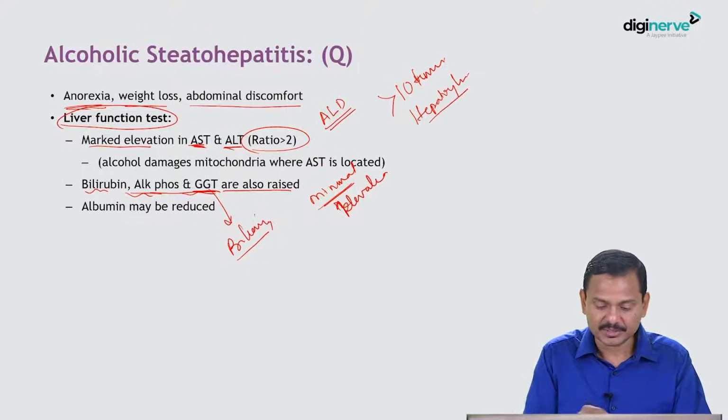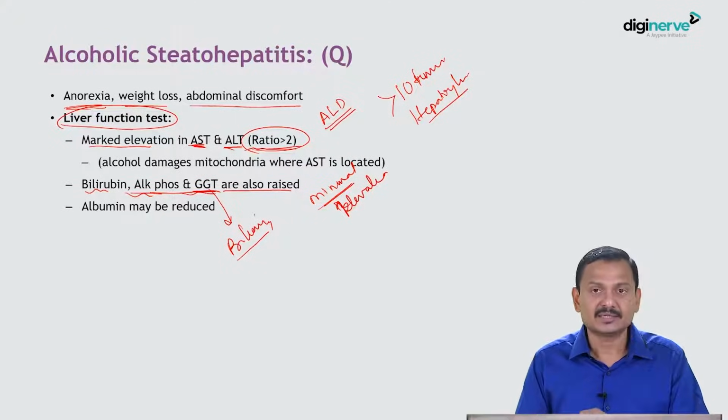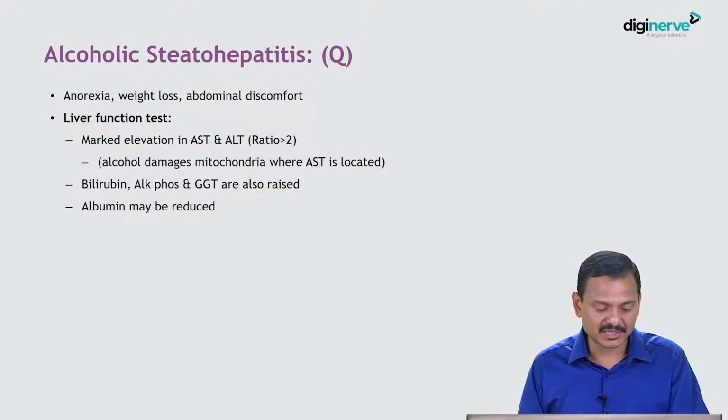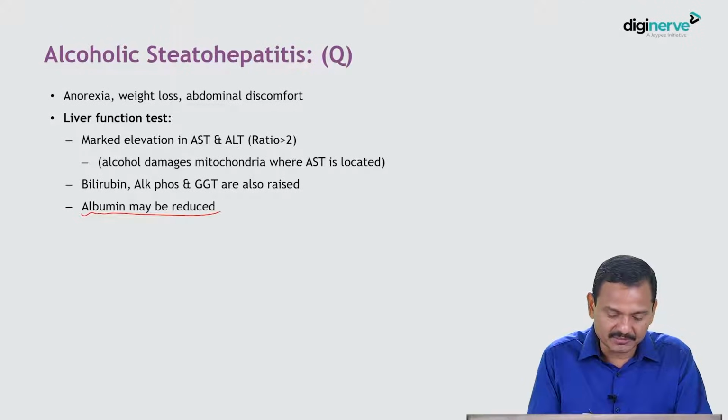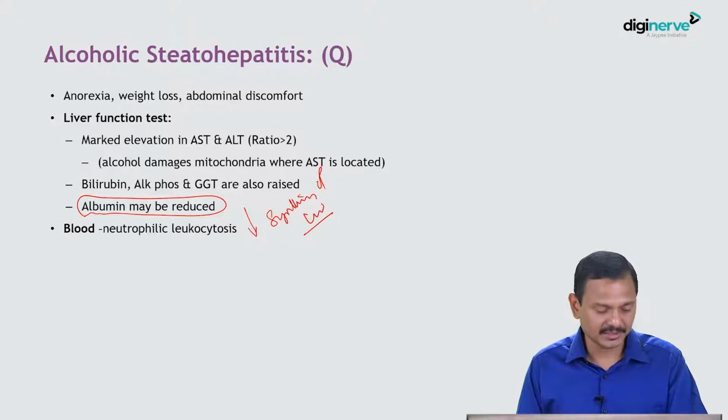Because there is hepatocytic injury, the AST by ALT ratio will be more than 2. In addition, because the patient has progressed a little bit, the albumin may also be reduced because of decreased synthetic activity of the liver. So albumin may be reduced.